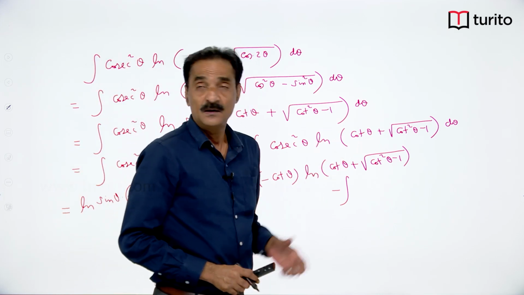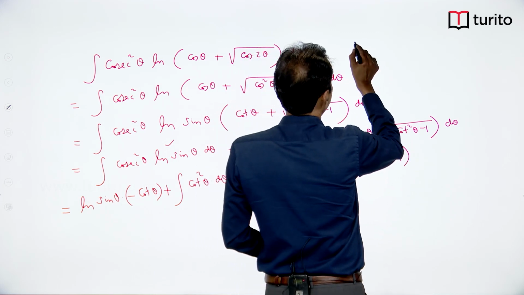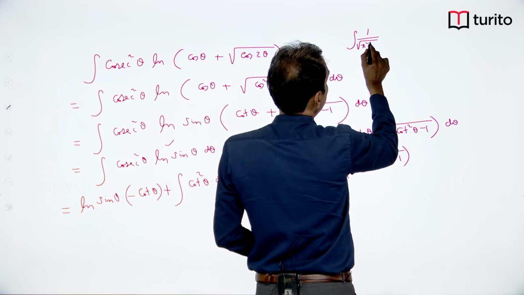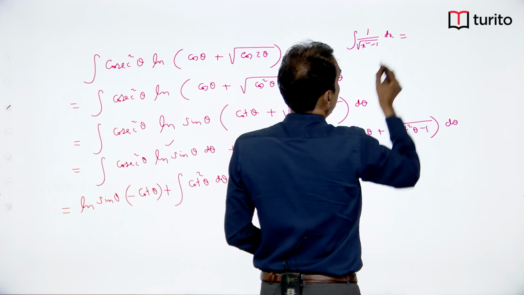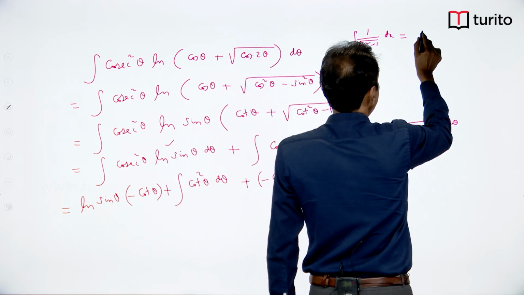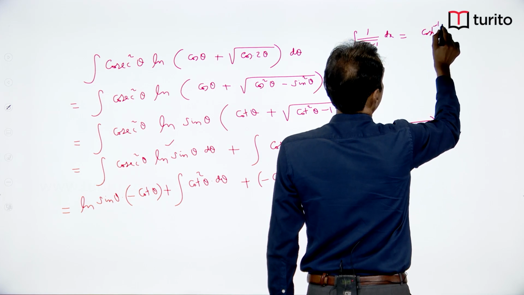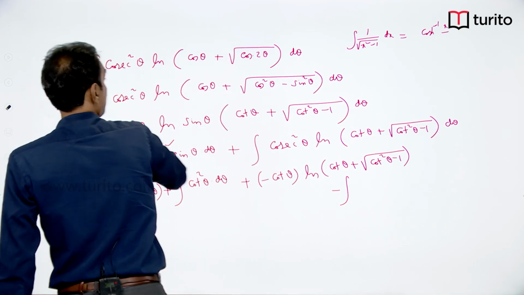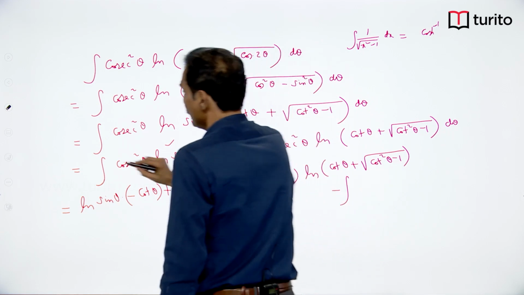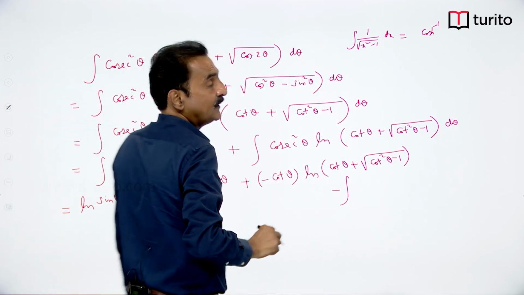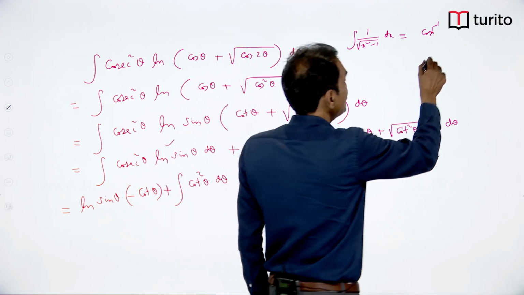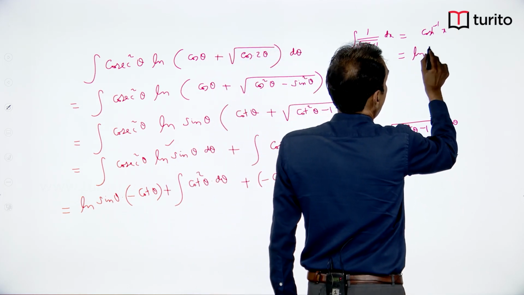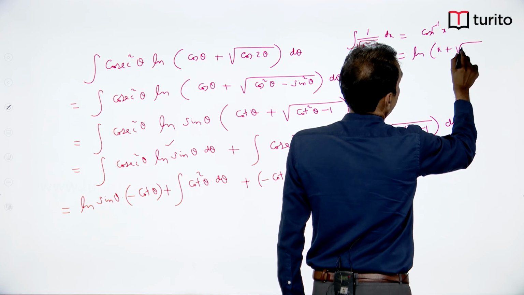Here we have already discussed the formula: integral 1 by root over x square minus 1 dx is cos h inverse x, or we can write cos h inverse x as logarithm of x plus root x square minus 1.